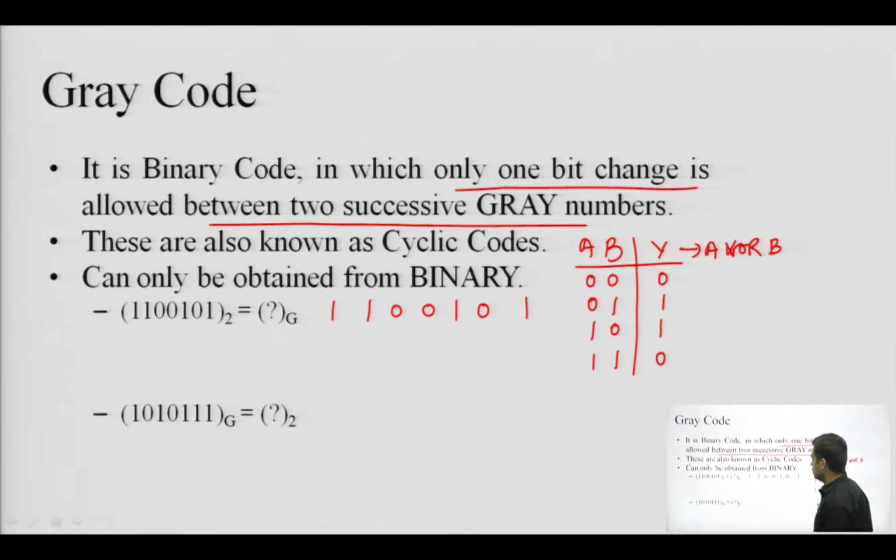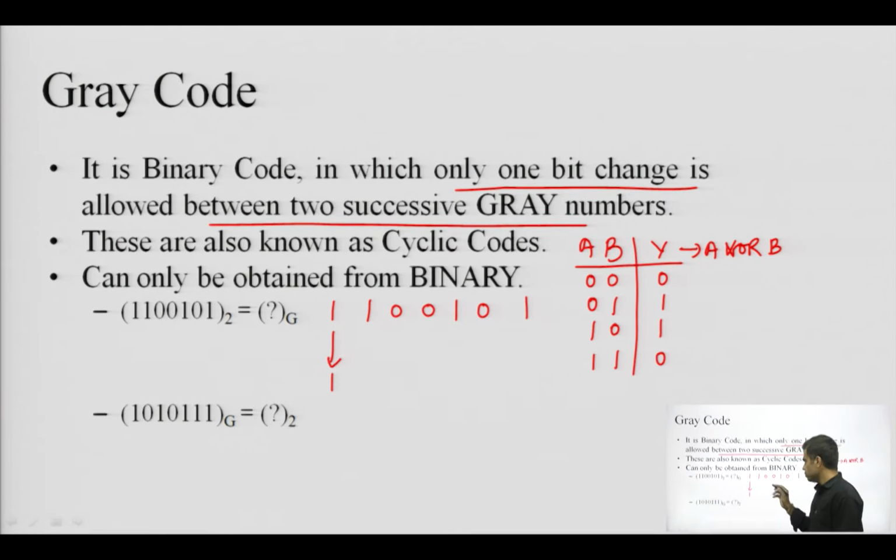So, the MSB will be exactly the same. To start with, I have to place MSB which is exactly the same in binary. That means, MSB for binary and gray both are same. And to obtain the next bit in gray, I have to perform the XOR operation between the two inputs.